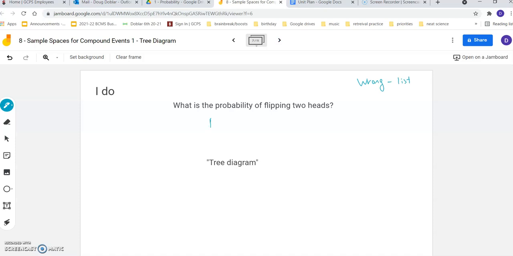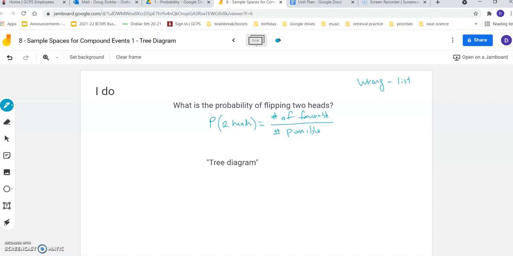first of all, we would of course say the probability of flipping two heads. So let me write that out. The probability of getting two heads is the number of favorable outcomes out of the number of possible outcomes, or the sample space. And if you just try to make a list, I'll come back to why it's wrong.